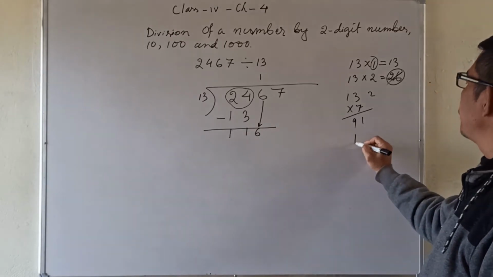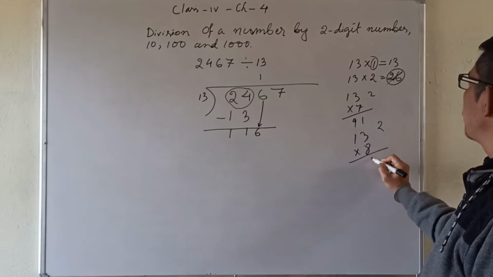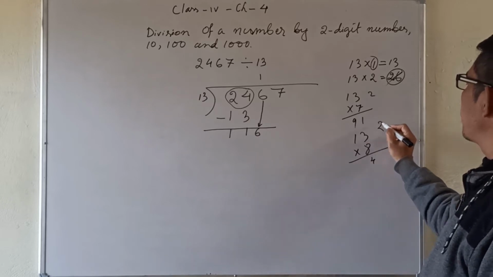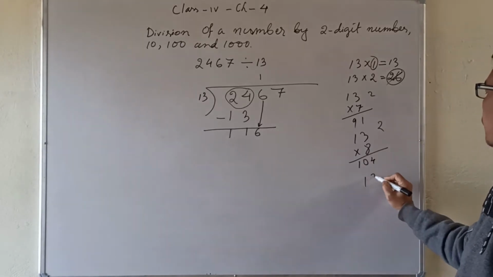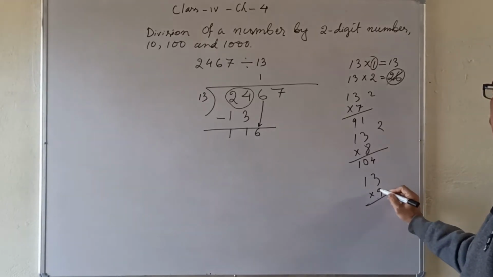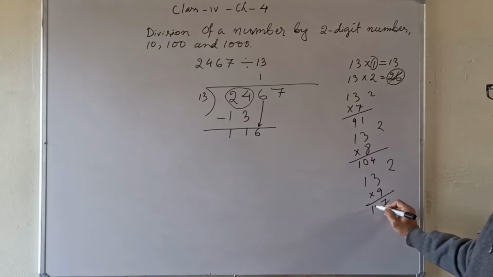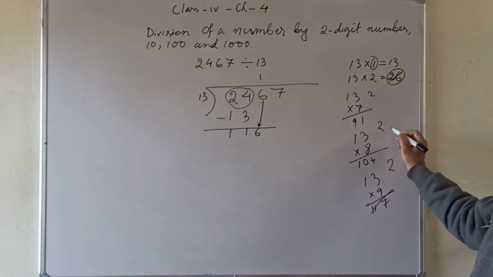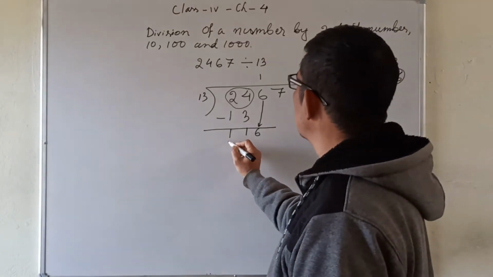So we can pick up another bigger number. 8 3s are 24. 8 1s are 8, 10. Still smaller than 116. 9 3s are 27. 9 1s are 9, 11. This is bigger, so cannot be taken. So we have to take this one, 104.